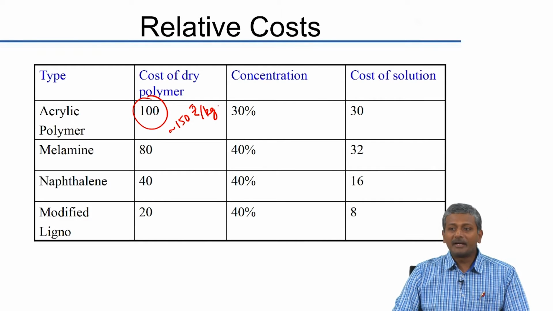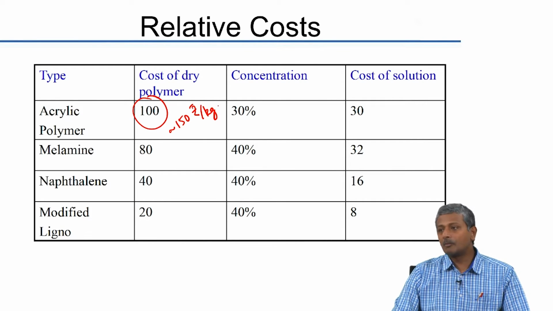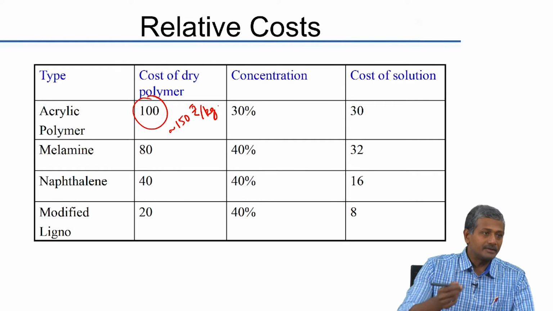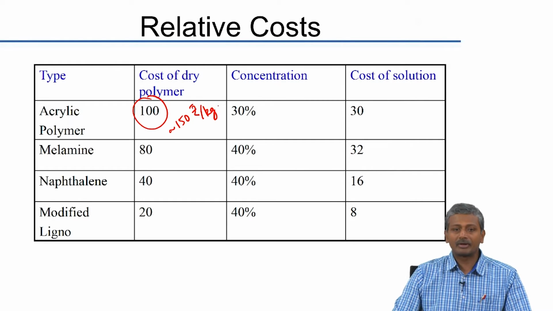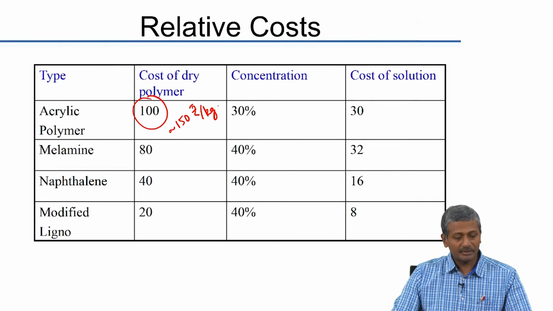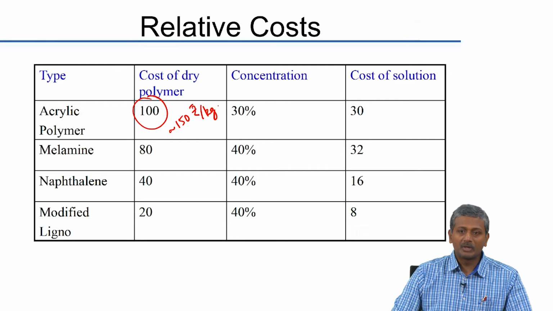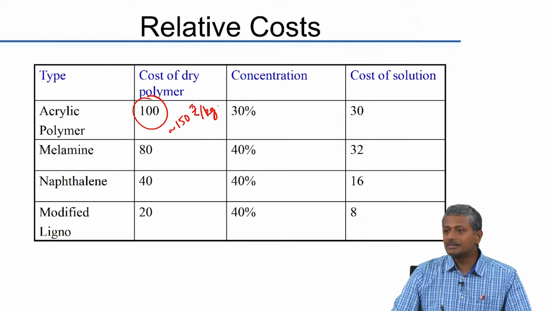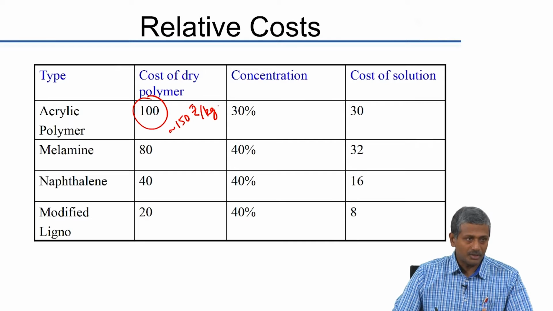Okay. So, compared to this, melamine formaldehyde will be about 80% of the cost of your acrylic copolymer. Okay. Naphthalene will be about 40% of that cost, whereas your modified lignosulfonate will be only about 20% of that cost. But what you need to remember is what is the concentration first of all of the solution that you actually get in the market.